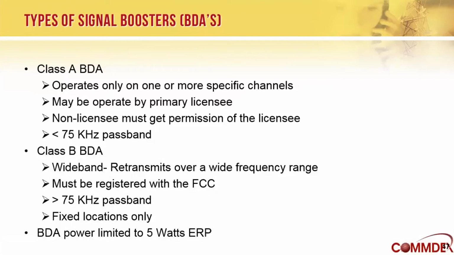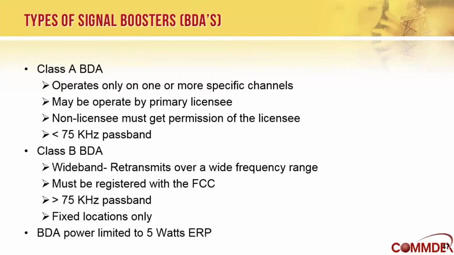So the FCC has classified these BDAs into two different categories. First one is called a Class A BDA. These are channelized and more narrowband, so they operate only on one or more specific channels. And they do have to be licensed and have to be operated by the primary licensee.